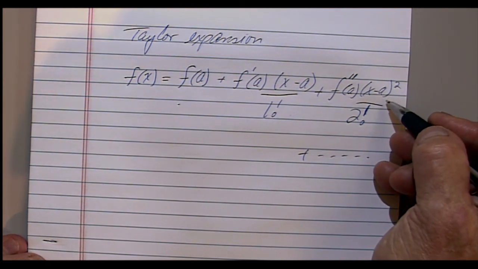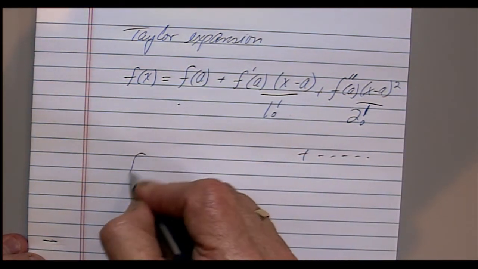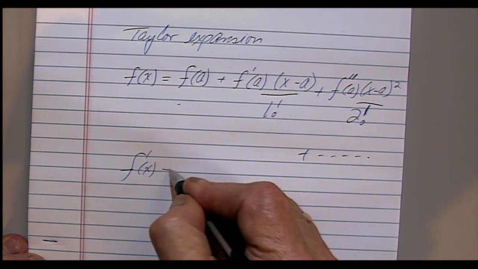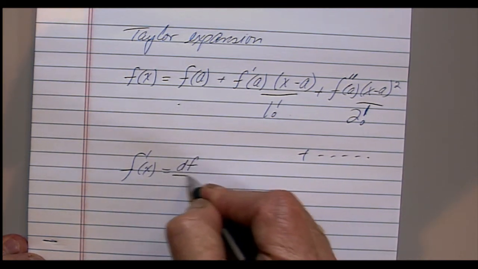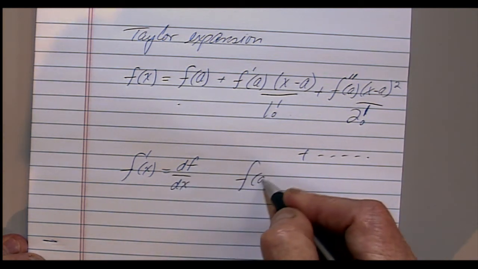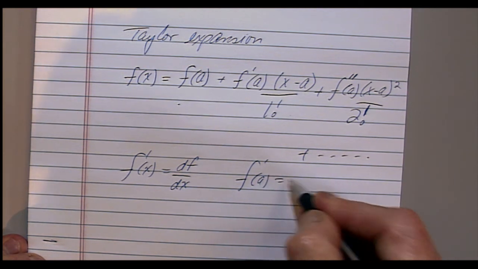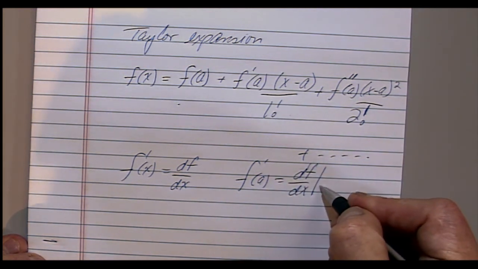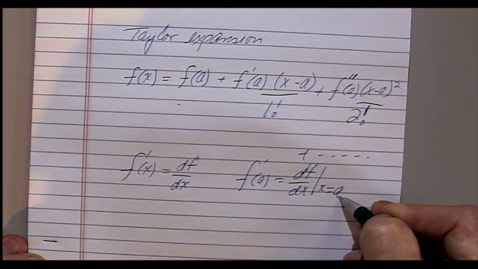And just to remind you, what we mean by f prime of x is just the derivative of f with respect to x. And if we want to know f prime at a, it's just equal to the derivative of f with respect to x evaluated at x equal to a.